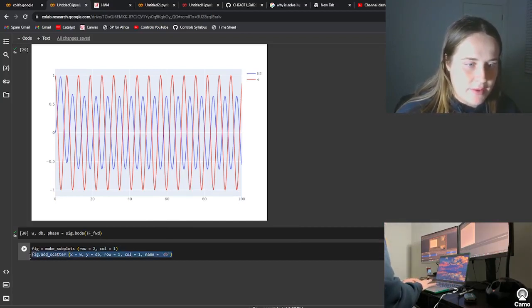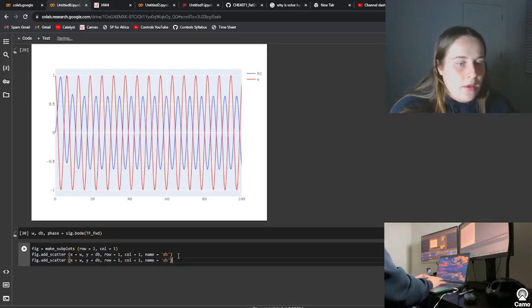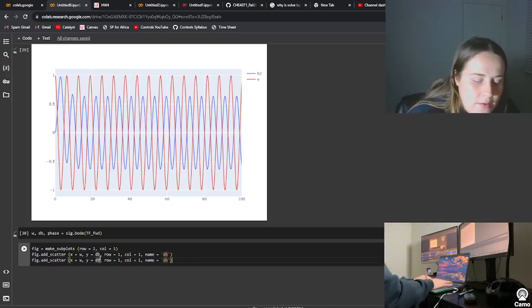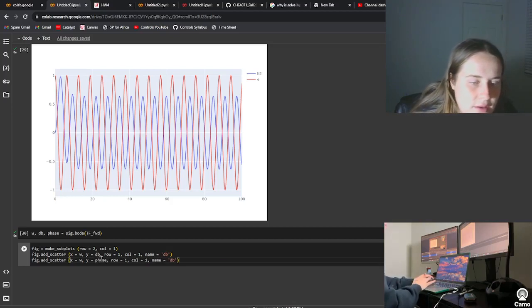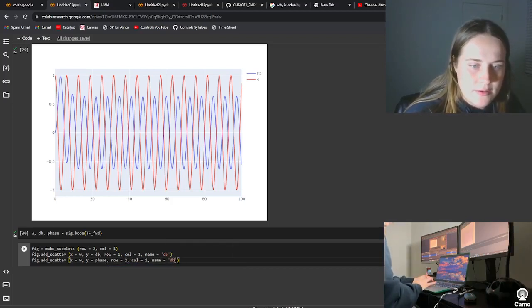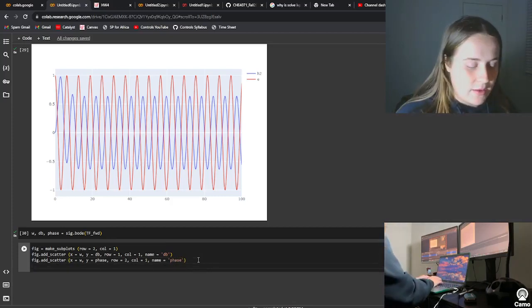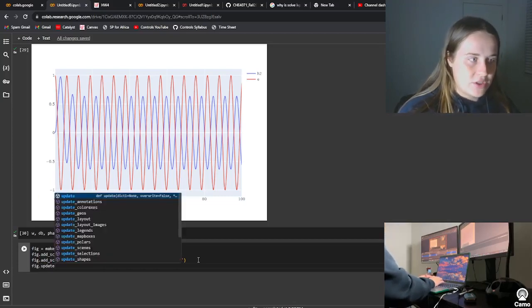Then I'll just copy this whole thing. And this will be row 2, this will be named phase. We also want this to be exponential on the bottom.